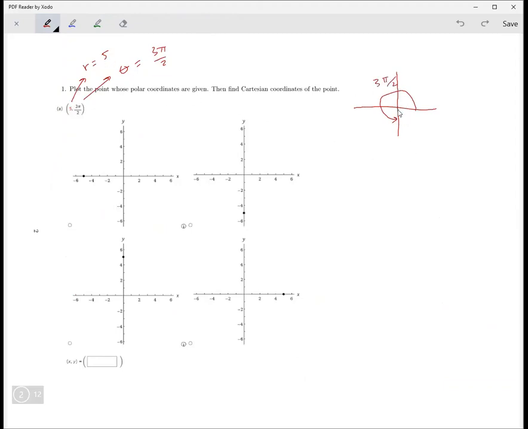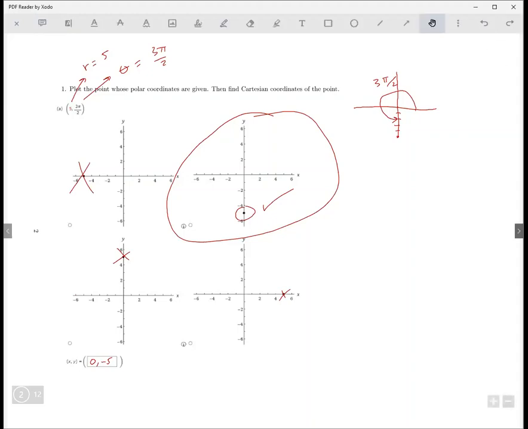For r equals 5, you start here and come out 5 in this direction. So that's going to be this point right here, not that one or that one or that one. These are different angles. So the point is going to be 0, -5 for the first exercise. Okay, let's go to number 2.